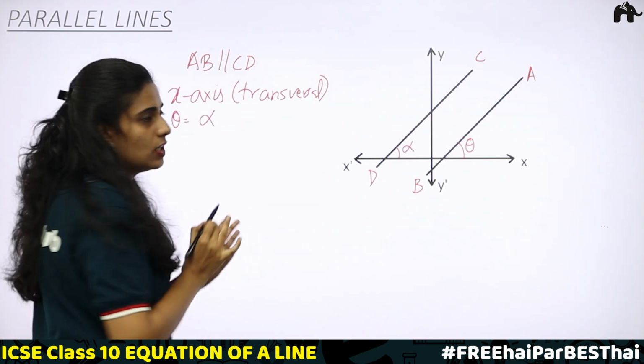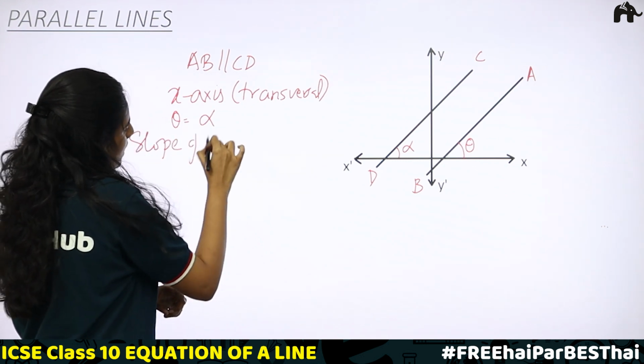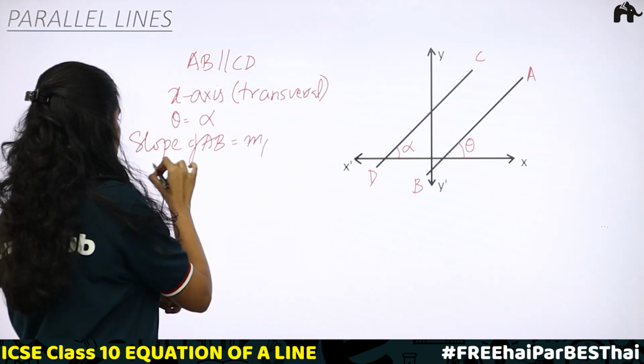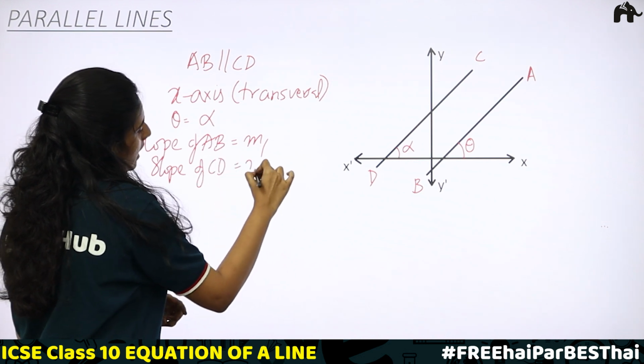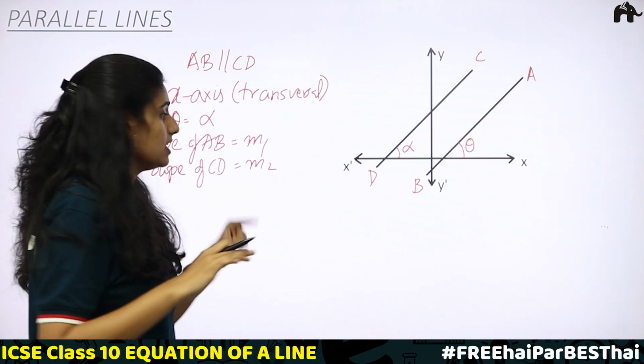Yes, theta is equal to alpha. Let us take the slope of AB equal to some M1 and the slope of CD as M2.